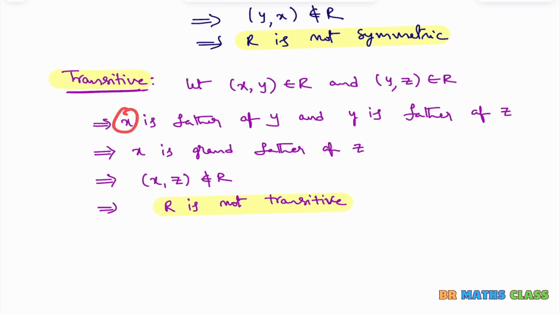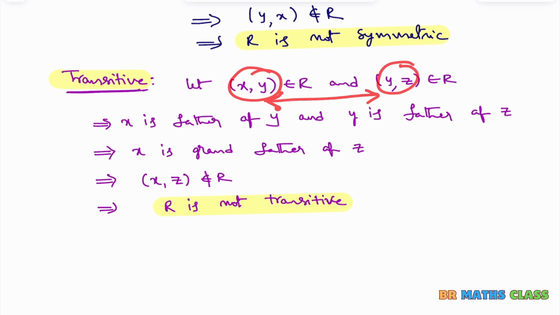Suppose x is a male, y is also male. Just suppose such a pair exists or doesn't exist. If x is male, y is male, x is a father of y. Yes, it is possible. As y is male, y can be father of some z. What I am trying to say is, in this relation, such a type of pair will exist in the relation.